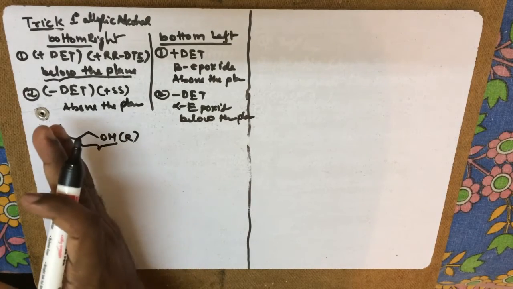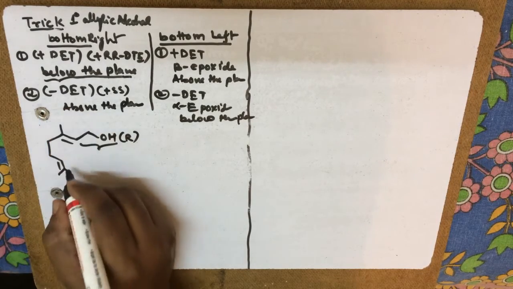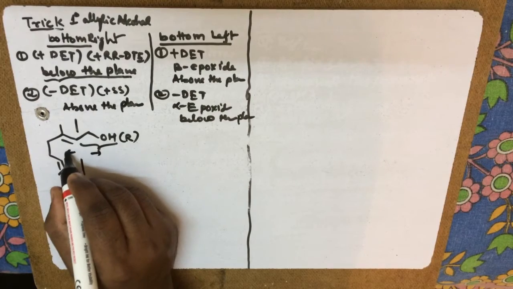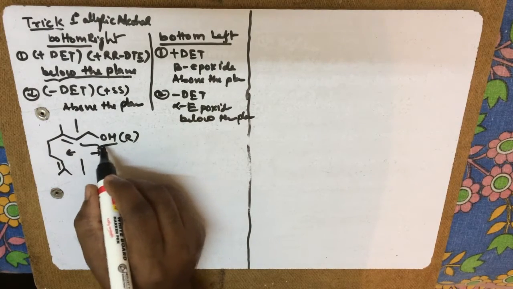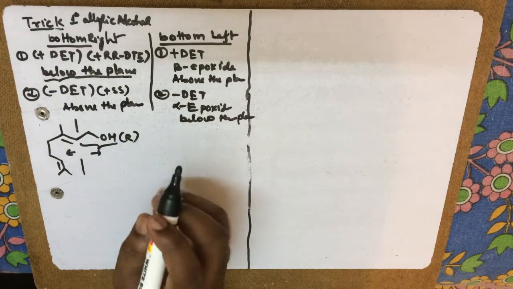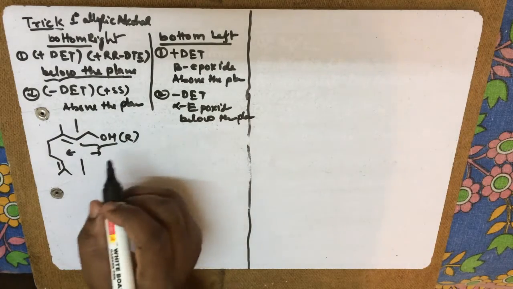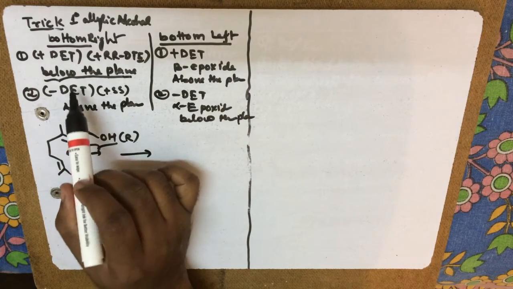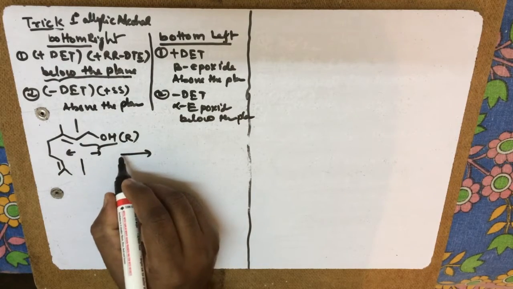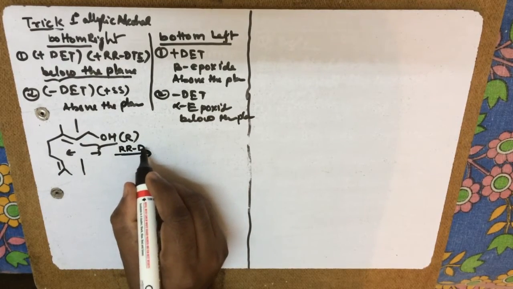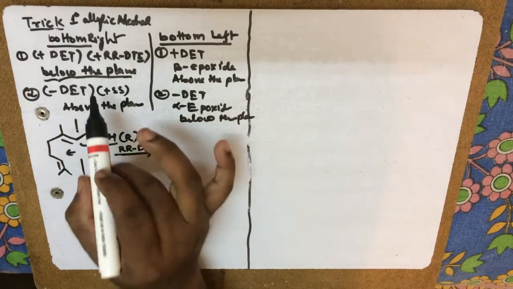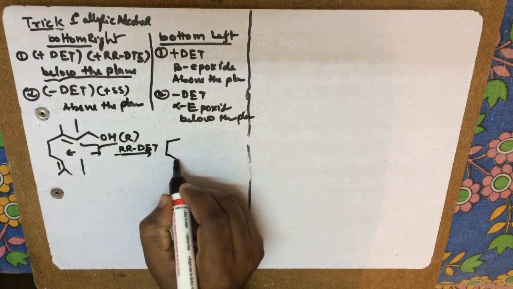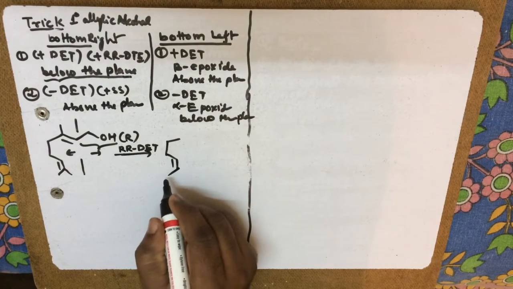If you see this as your bottom, this as your upside, this is your right and this is your left, so your alcohol is at the bottom right, or you can say top side right. So right means your reaction condition undergoes RR DET, so your product will be below the plane.